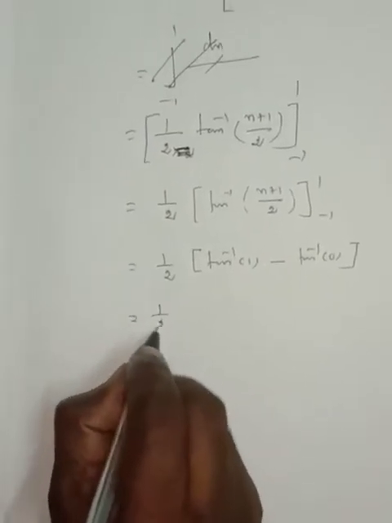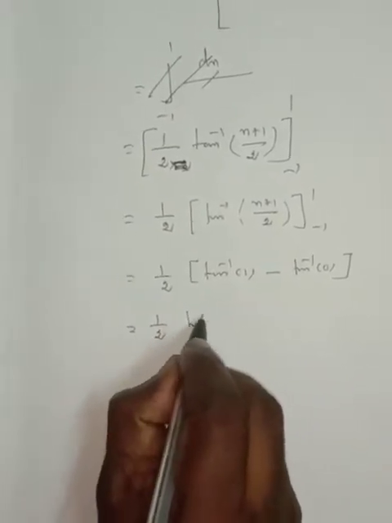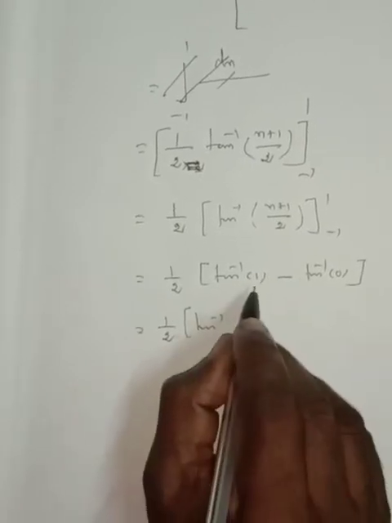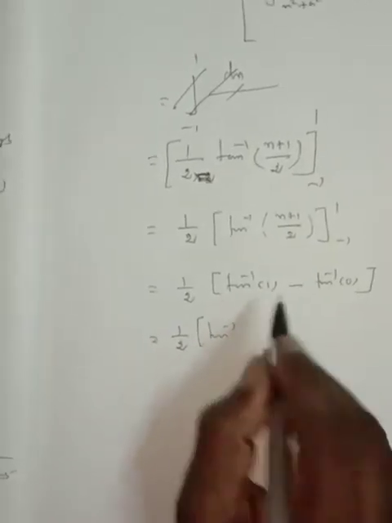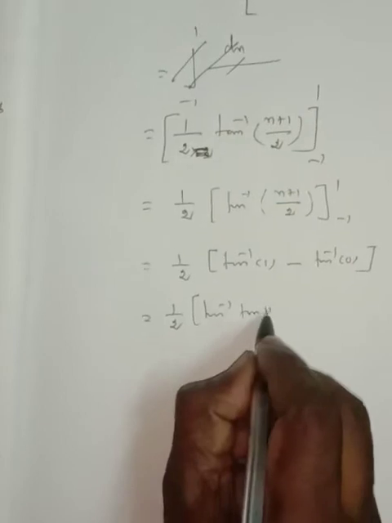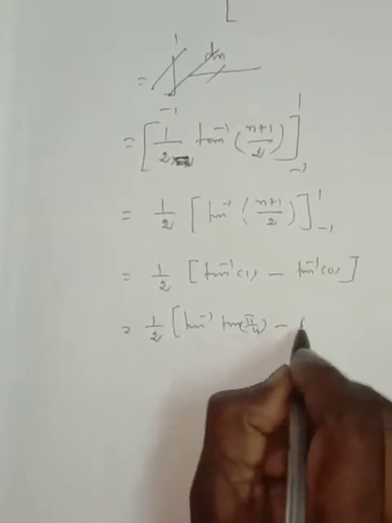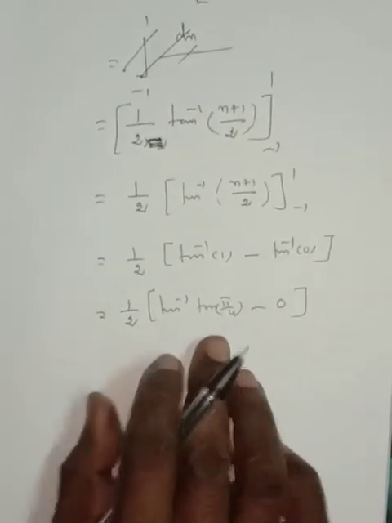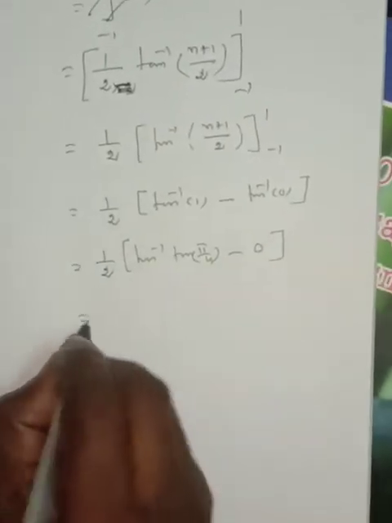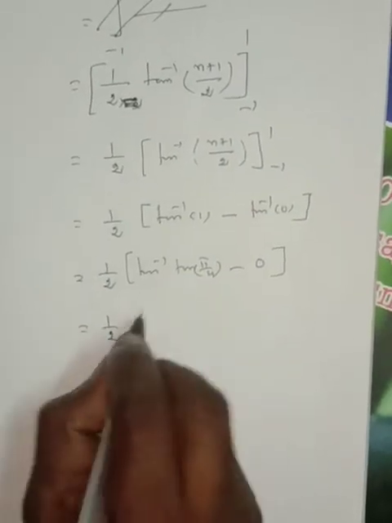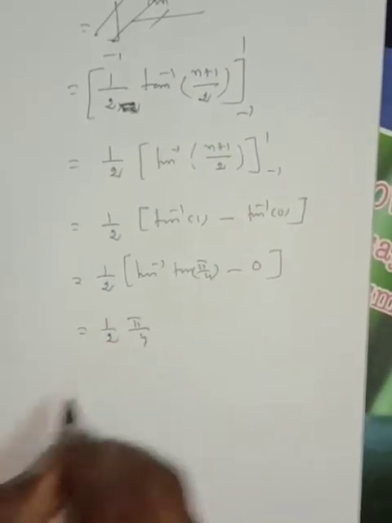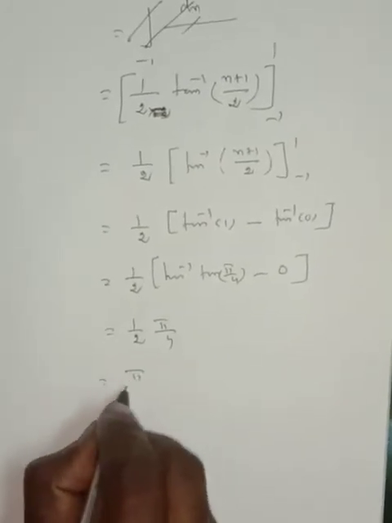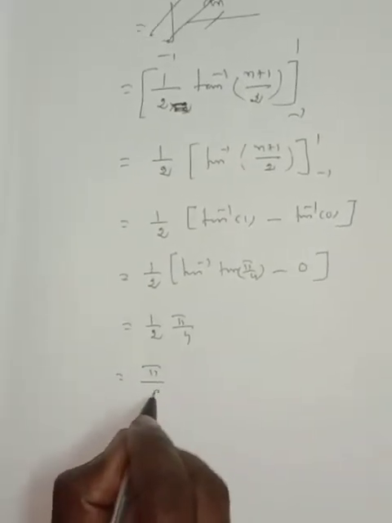So 1 by 2 tan inverse of 1, which is tan pi by 4, minus 0. Tan inverse of tan pi by 4 is pi by 4, so 1 by 2 into pi by 4 is equal to pi divided by 8.